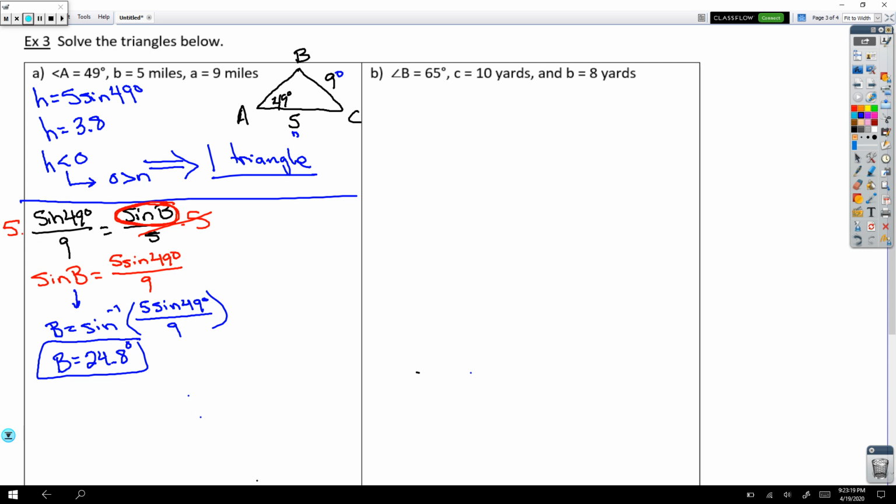Now we have angle A and angle B, so we can subtract all that from 180 to get angle measure C. So angle C is going to equal 180 minus angle A minus angle B. So angle C would leave me with 106.2 degrees.